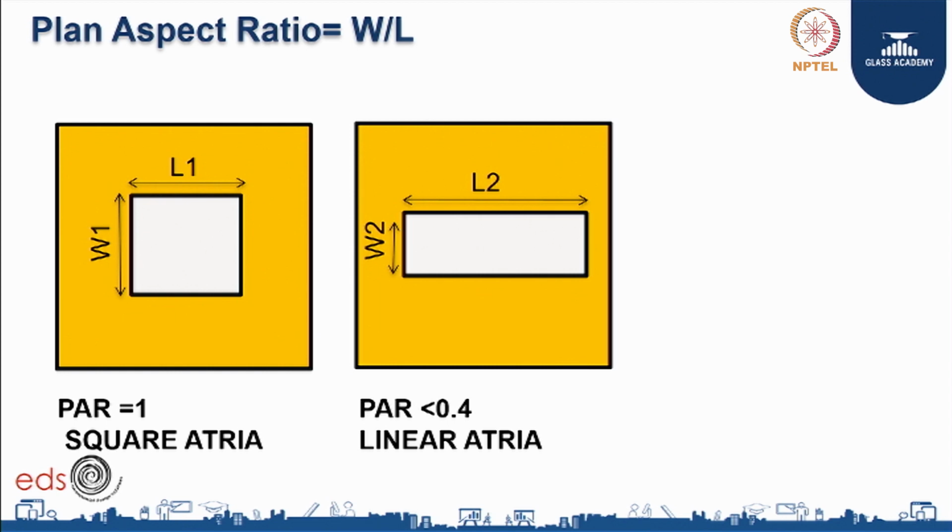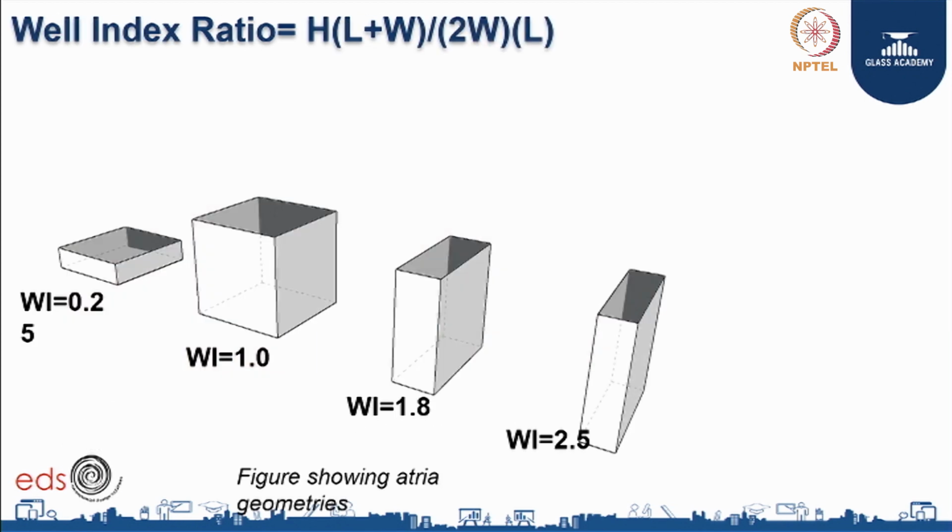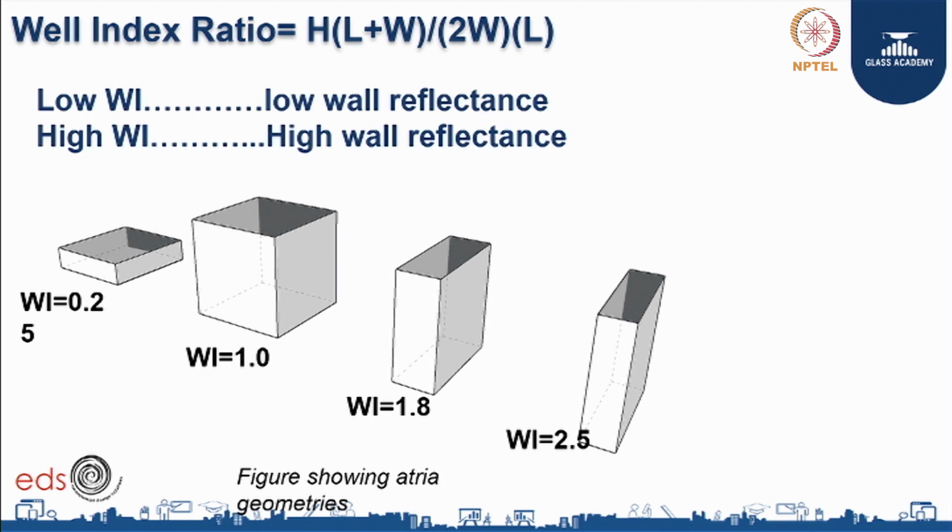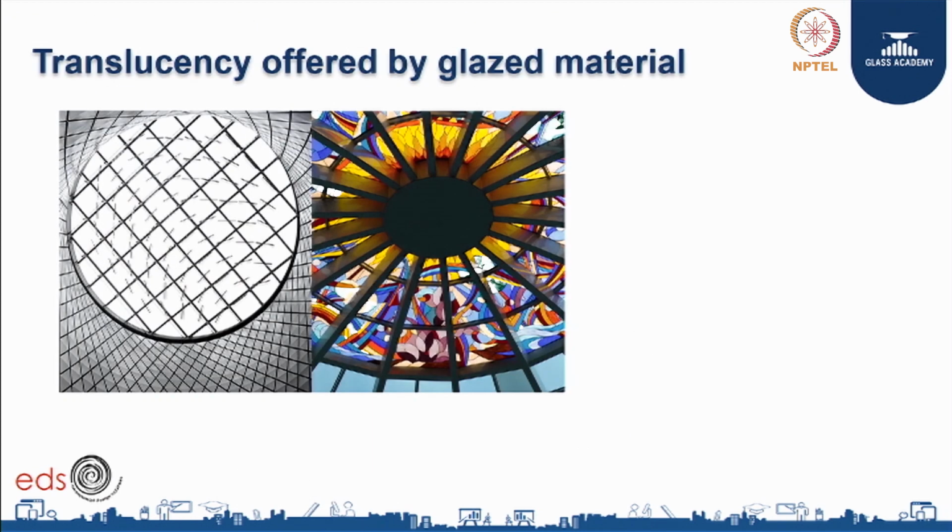If the well index is more, the wall reflectance should be increased to get more daylighting. As we get deeper and deeper, the importance of the surfaces that are around the atrium becomes more prominent. So, the moment we have a deeper atrium, we need more reflectance to get the same amount of lighting.